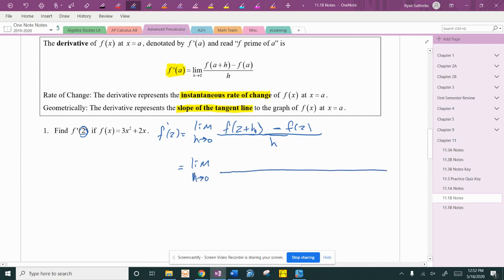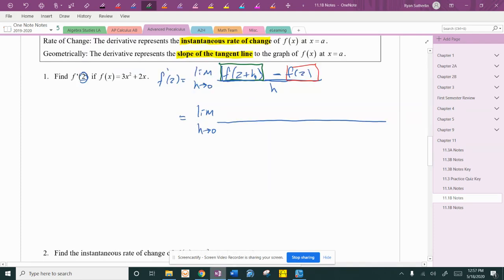So now, what do I have to do next? Well, what did we do last time when we simplified a difference quotient? F of 2 plus h means I take the 2 plus h, and anywhere I see an x in my function here, I replace it with 2 plus h. So I have 3 times 2 plus h quantity squared plus 2 times 2 plus h. Then I have minus f of 2.